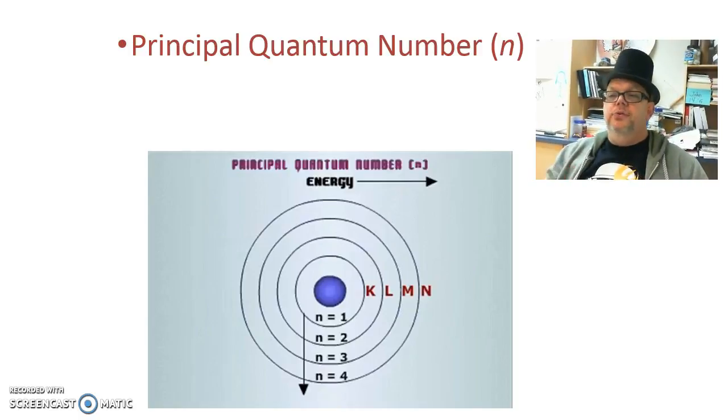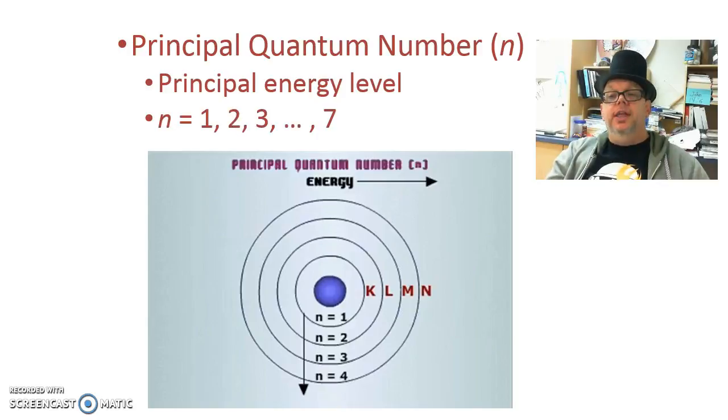That's because you're further and further away from the atom. So that's our principal energy level. We can go up to about 7 or 8, but for what we're going to do here, we're going to look at just 7. So n could equal 1, 2, 3, 4, 5, 6, 7.